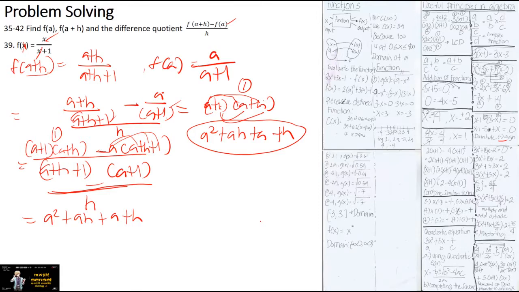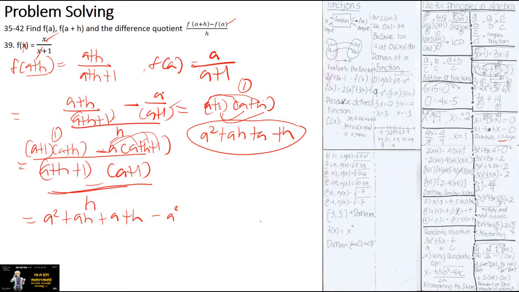Kasi negative to, positive, so papalitan mo yung sign. Negative times positive, that's negative. Negative a times h, that's negative ah. Negative a times 1, that's negative a.